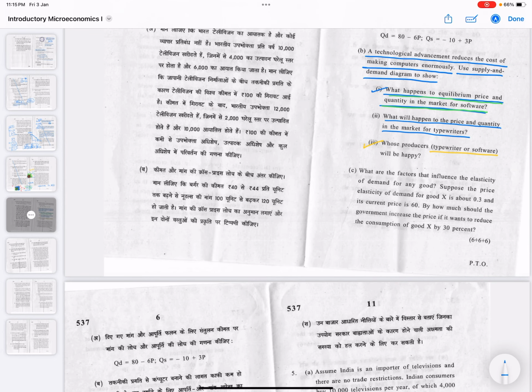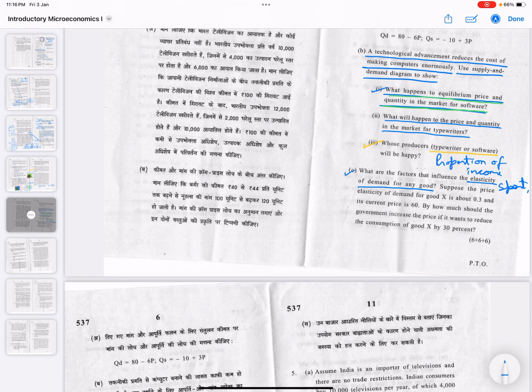Coming to the C part. What are the factors that influence elasticity of demand for any good? So proportion of income spent, availability of close substitutes. If a high proportion of income is being spent on the good, the elasticity would be high.